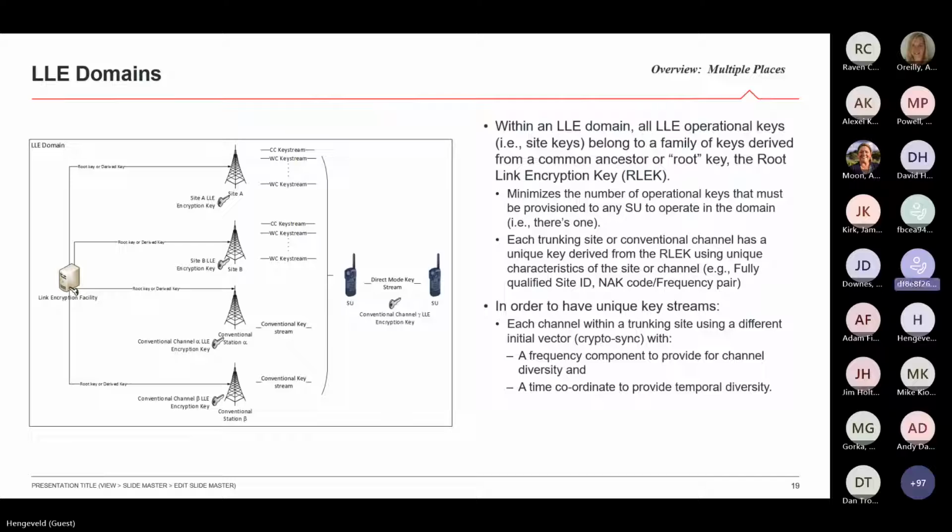Each trunking site or station, again, has a unique key derived from the RLEC, and it uses unique characteristics of that station to generate its key stream. So we wanted to be absolutely sure that we had unique key streams, because if you don't, then you create a vulnerability. And so the way we constructed the crypto sync and the derived keys for the channels assures that.